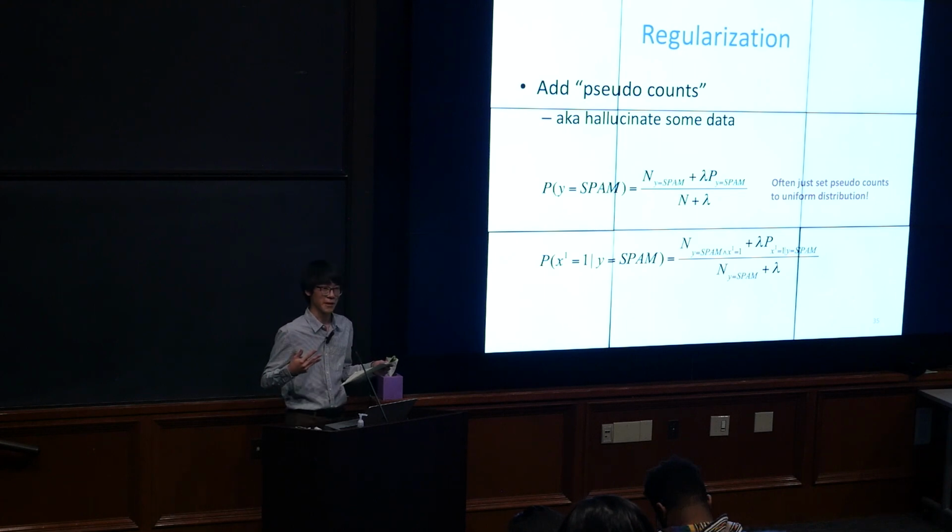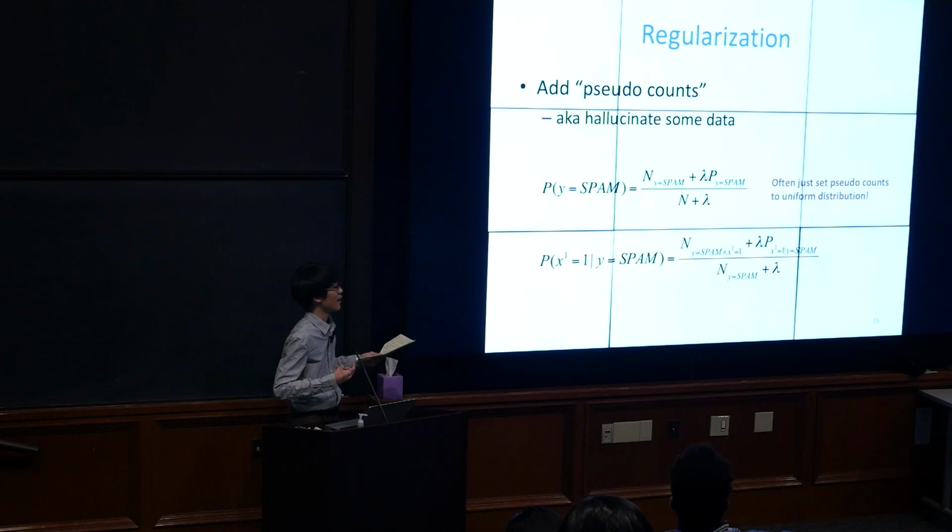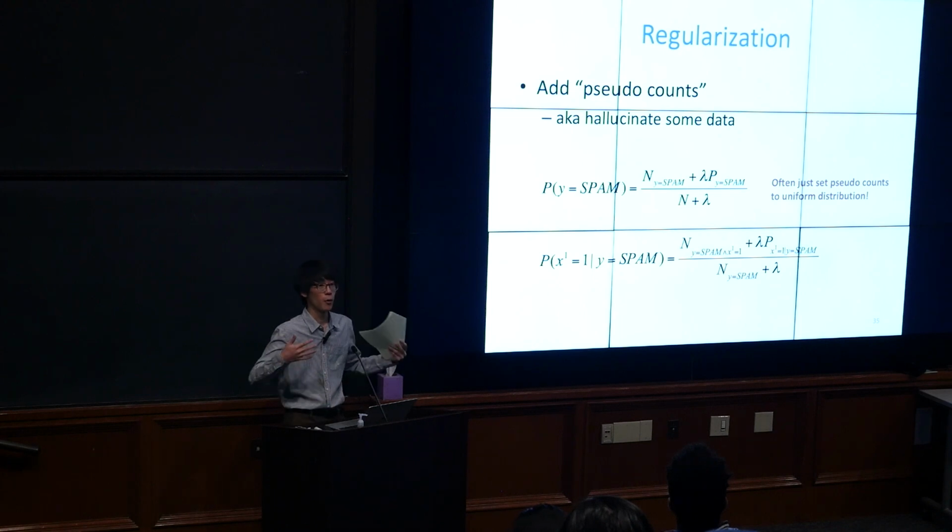Those are three words for the same thing, because that's how math is. You just have multiple names for the same thing. But I haven't really heard of this type of regularization being used in naive Bayes personally. Yisang might know something that I don't. In fact, he probably does.